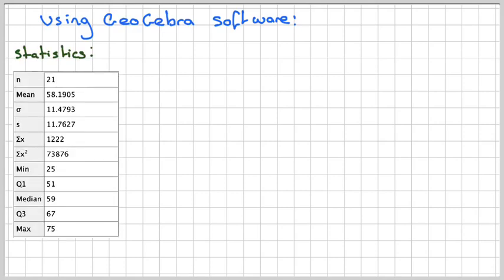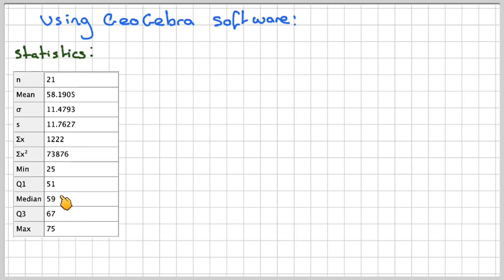Just one final thing, there's a GeoGebra app to go with this video, which will be in the notes of the video, but you can get the statistics from this data. So basically I just put every single value into a spreadsheet from the stem and leaf plot. There's 21 items. You can check all these values that we've got here are correct.